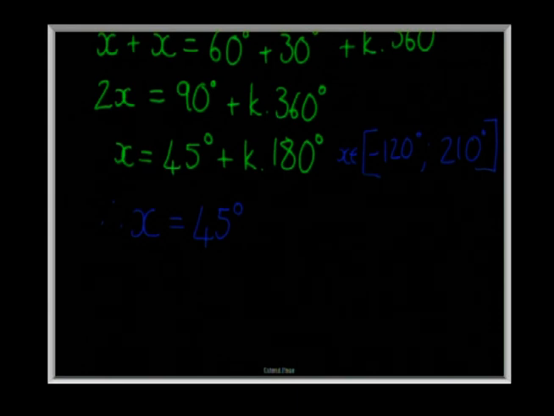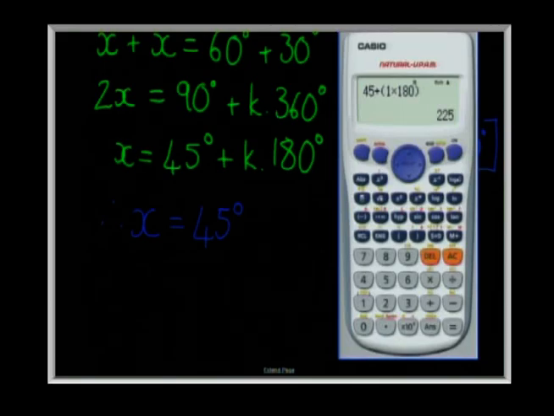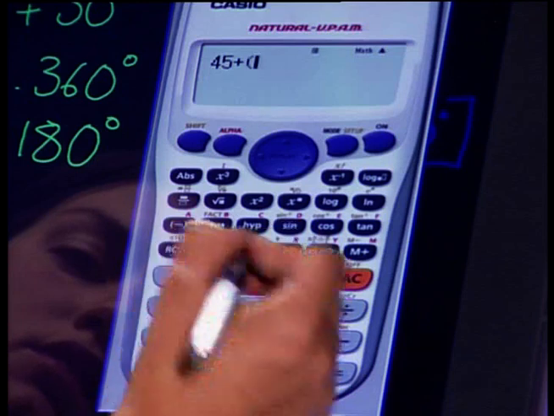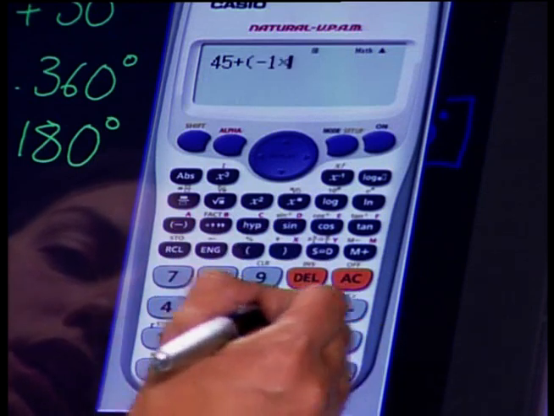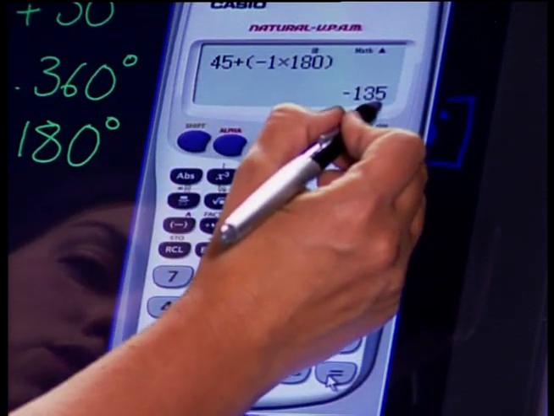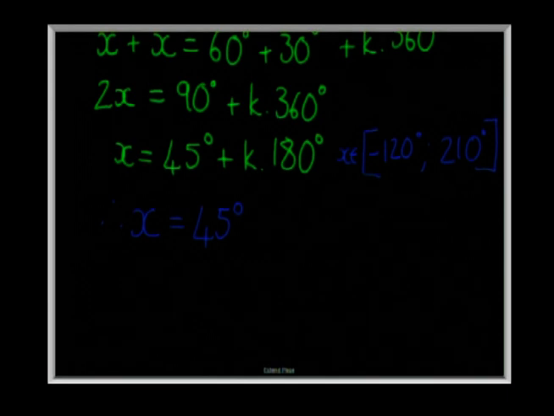So we don't include that in our answer. Let's try negative 1. 45 degrees plus negative 1 times by 180 degrees gives us an answer of negative 135 degrees. Does it fall into our domain? No, it doesn't. So from quadrant 1, we only get one answer of x is equals to 45 degrees.